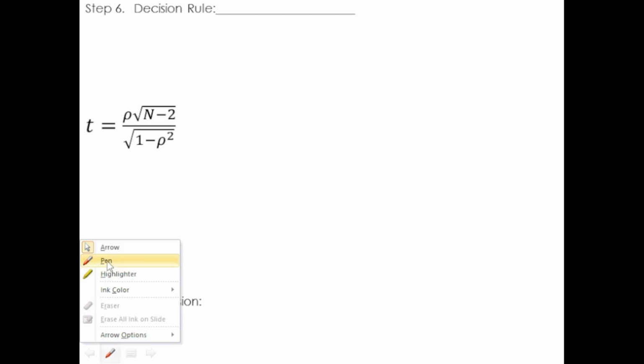Parehas po ng pagkuha dito sa ating t-test. Pinalitan lang po ng rho yung r a while ago. So, ito ay magiging 0.97 times the square root of 12 minus 2 all over square root of 1 minus 0.97 square.